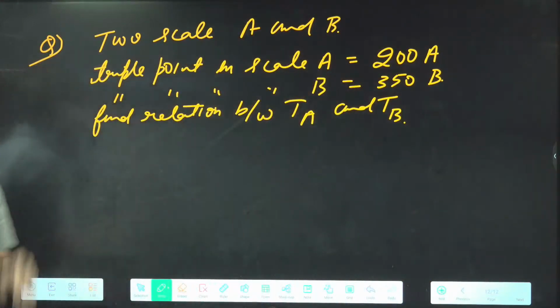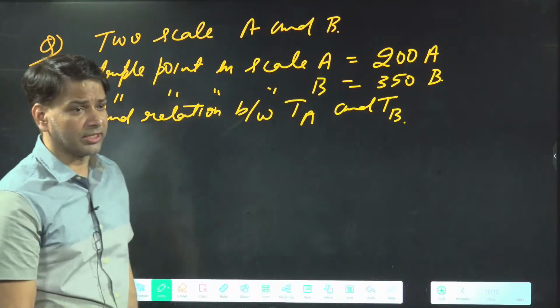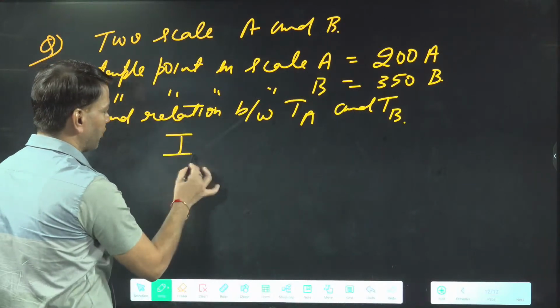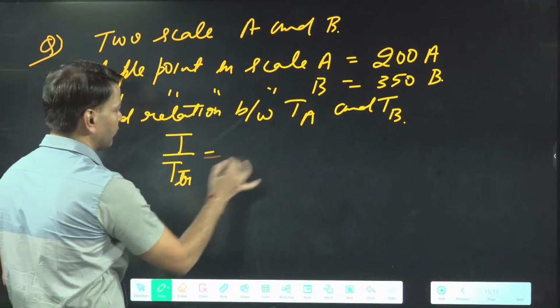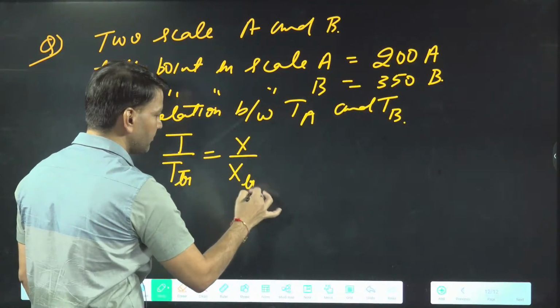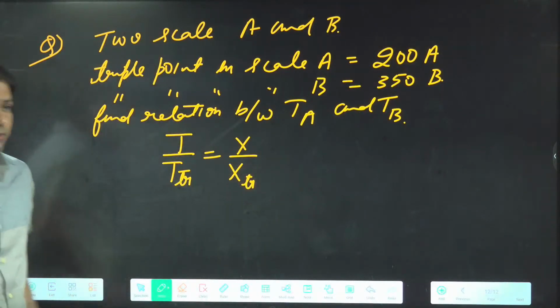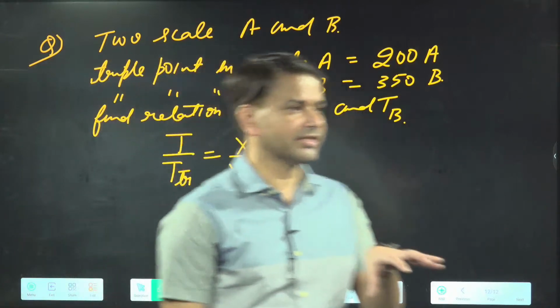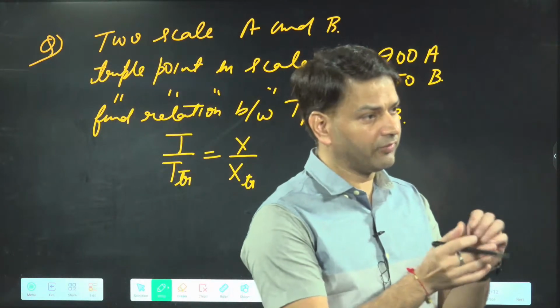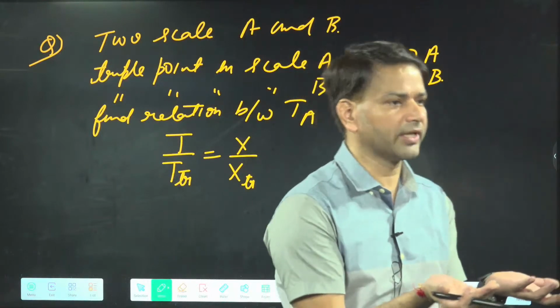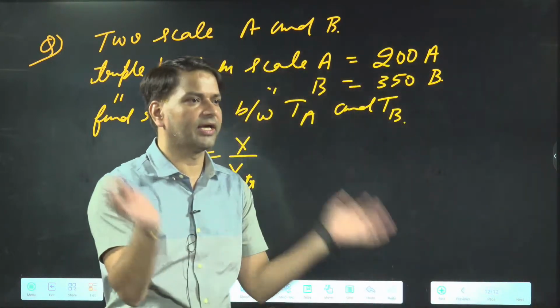Okay. So here we can directly use the triple point concept. What I said: T upon T_TR is equal to X upon X_TR. If they are measuring the same temperature, the thermometric property will be, suppose, the volume of the gas, or the volume of the air I am measuring here.